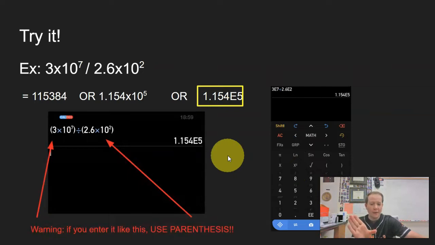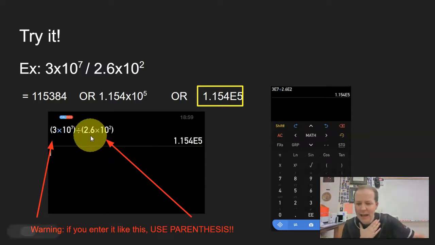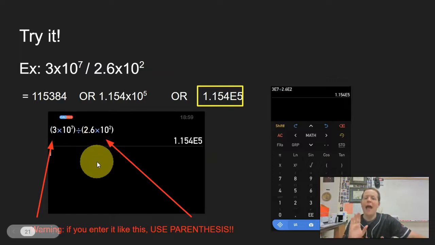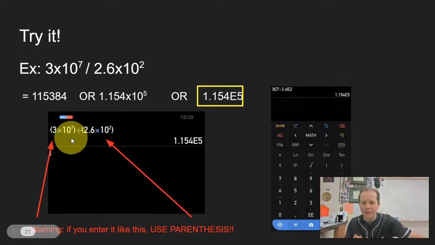Here's a warning, everybody. Here's my big warning. Some students say, oh, Thrasher, this EE thing, that's weird. I can type times 10 and add a little exponent and then I don't have to use this weird notation. That is possible, but if this is how you're going to do it, if you're going to just multiply by 10 and raise that 10 to a power, you have to put parentheses around your numbers.